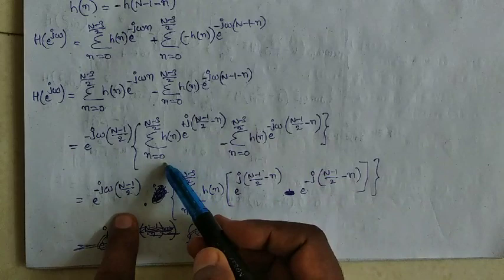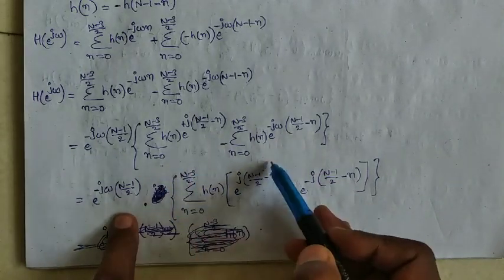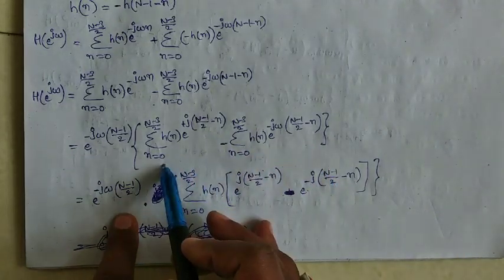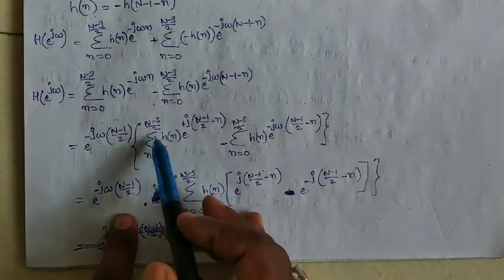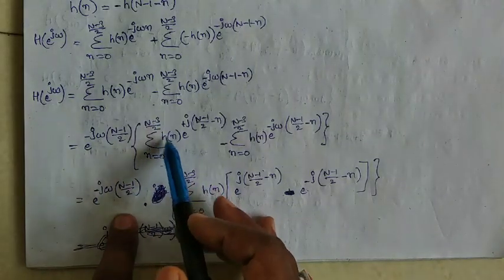In these two terms, the common term is summation n is equal to 0 to capital N minus 3 by 2 h of n.